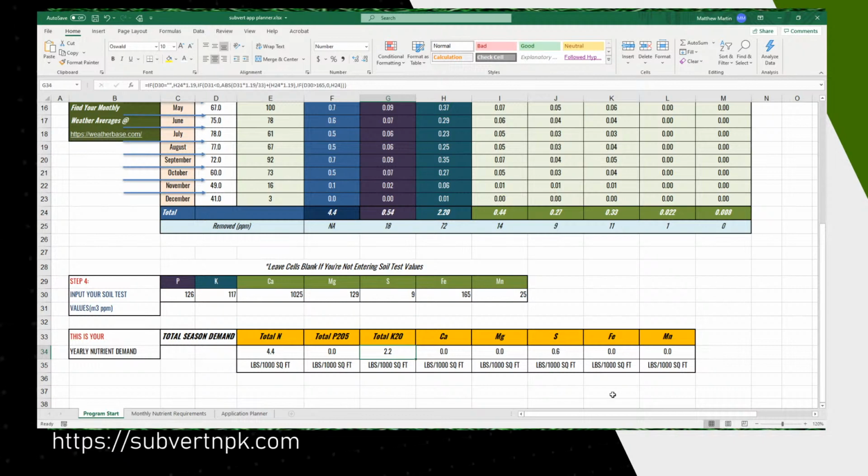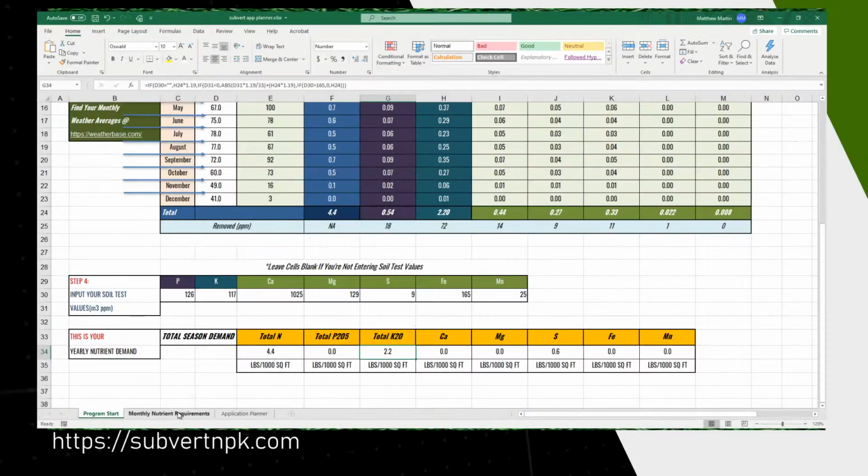And technically, yes, that's true, but I would like to maintain that 117 parts per million of potassium, and that's why the output here is making the recommendation of still applying 2.2 pounds of K2O to maintain that 117 parts per million.